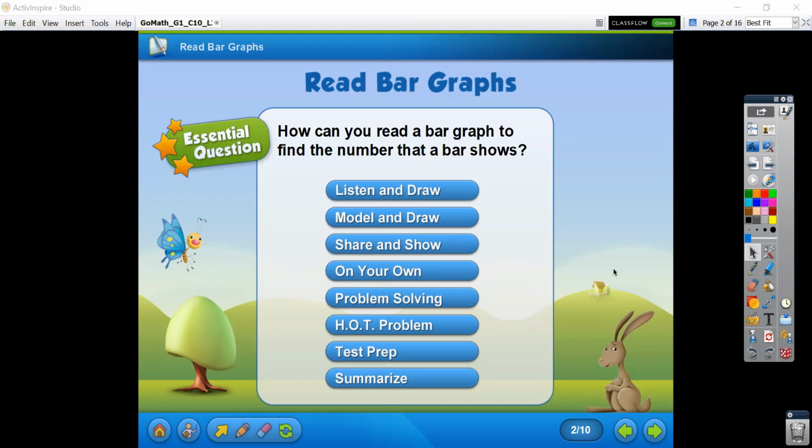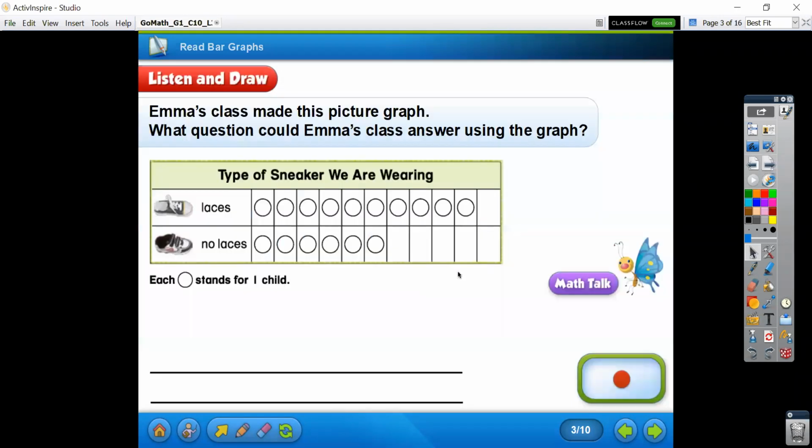Now, if you've been following along, Mrs. Goodwin Salam already went over pictographs. If we take a look here, this would be a pictograph because it's using pictures. The circle is the picture, and it's showing sneakers with laces and sneakers with no laces.